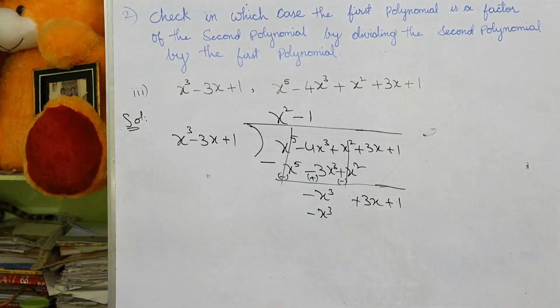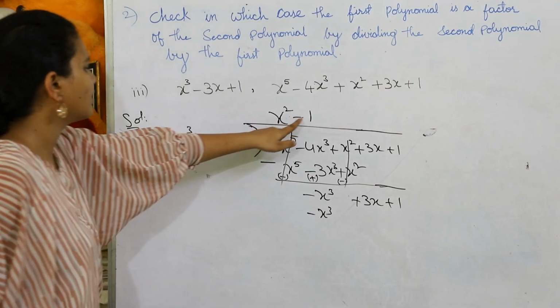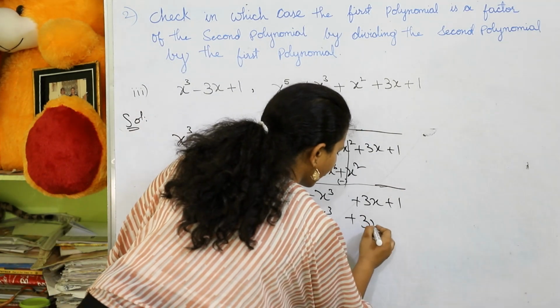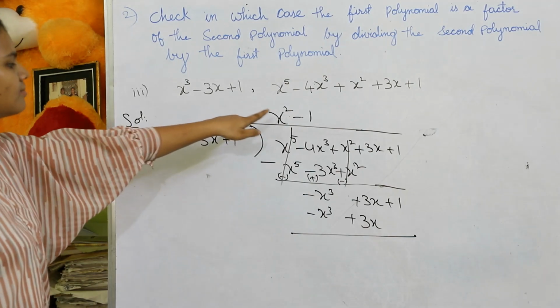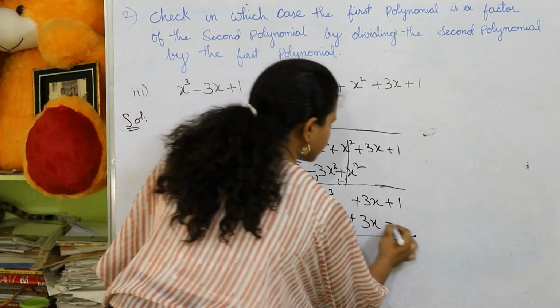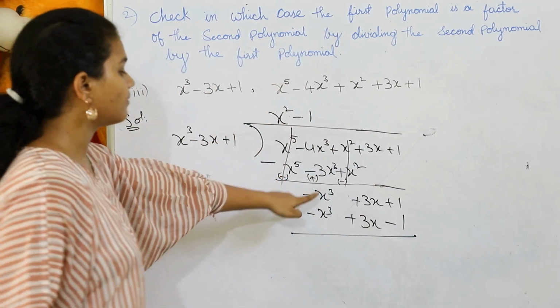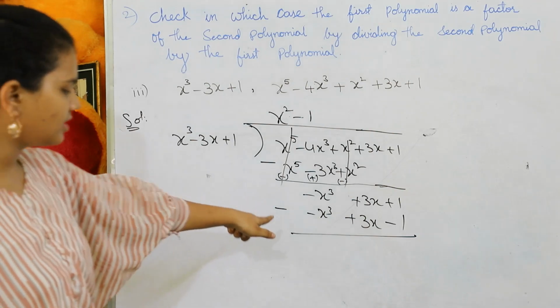Now next, minus 1 into minus 3x. You have minus 1 over here, minus 3x, minus into minus is plus. So let me write down here plus 3x. And again, here you have plus 1, here you have minus 1, so minus 1. We must subtract the second equation from the first equation.